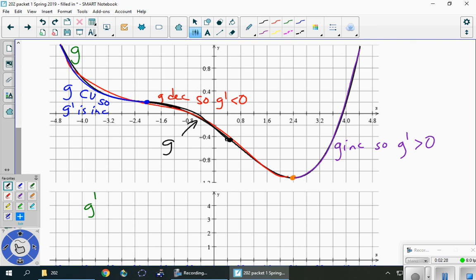And so we'll say g concave down, and so on that interval, g prime is decreasing. And then g becomes concave up again, and I think it's concave up the rest of the way. And so we'll say g concave up, so g prime is increasing.